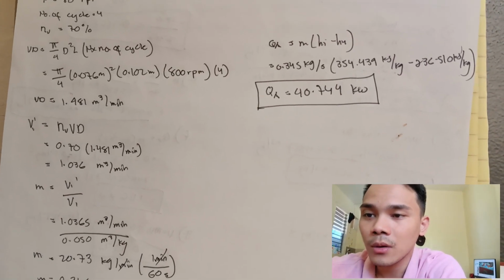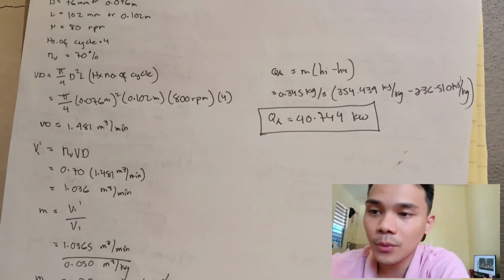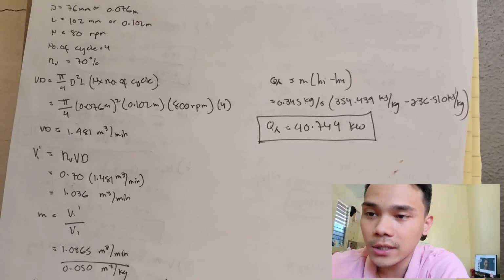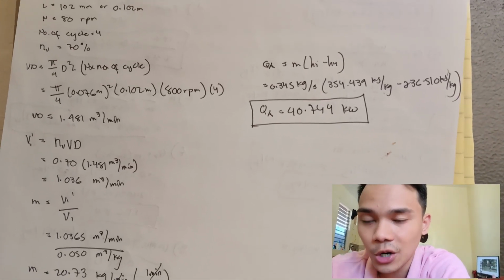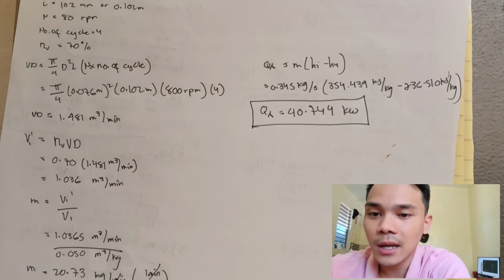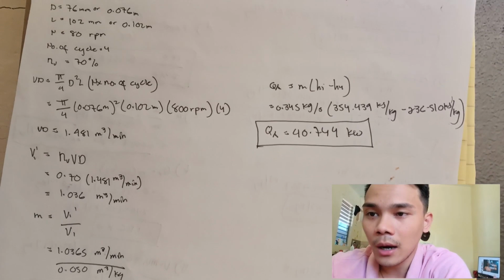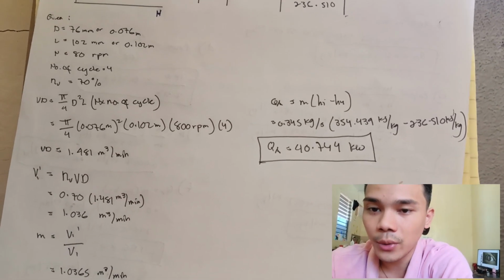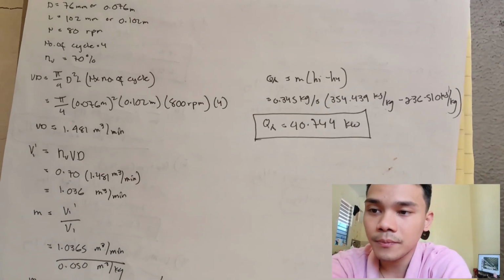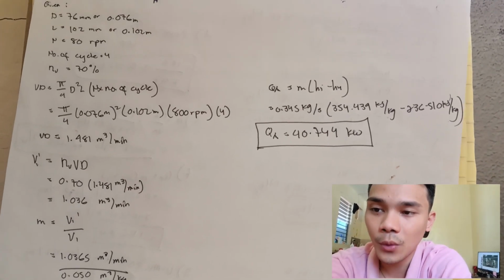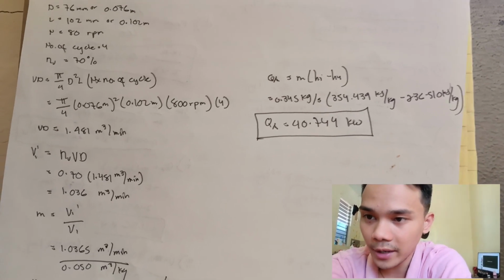So we simply substitute the given: pi over 4, times the diameter 0.076 meter squared, times the length 0.102 meter, times N of 800 revolutions per minute, times the number of cylinders. We have 4 as our number of cylinders. Then we calculate, and we get an answer of 1.481 cubic meter per minute.